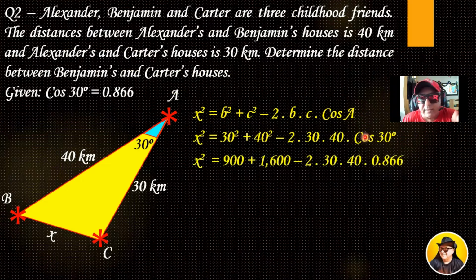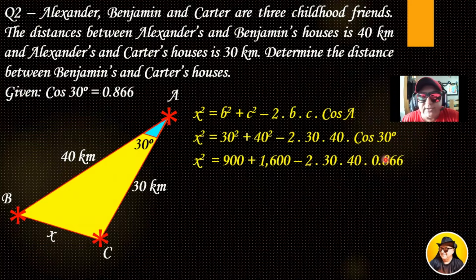Replacing, doing some calculations, I have that 30 squared is 30 times 30. That is 900. 40 squared is 40 times 40. That is 1,600. And the cosine of 30 degrees is 0.866. Okay, well, now I can do this sum and these multiplications.